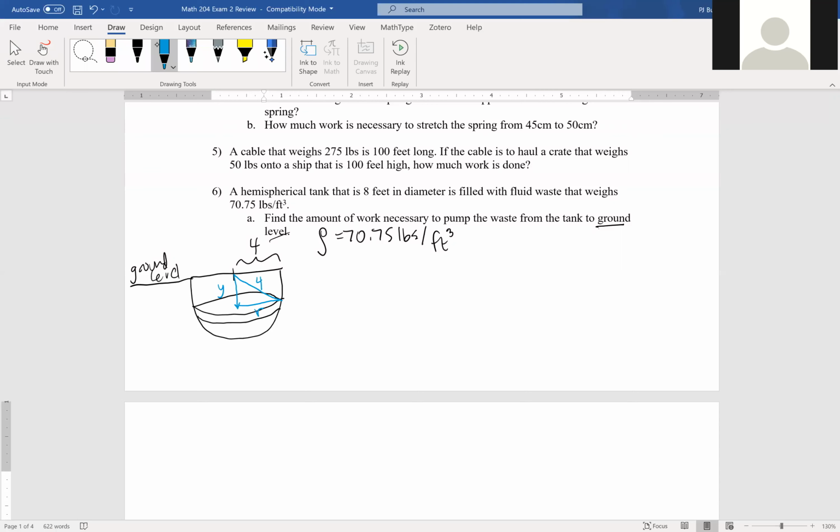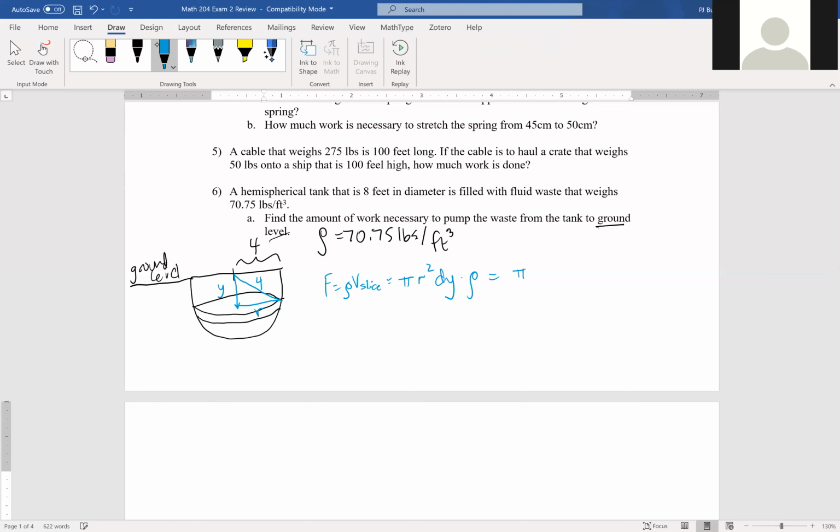So we need the force, which is the density times the volume of a slice. The volume here would be pi r squared dy, and then of course times rho.